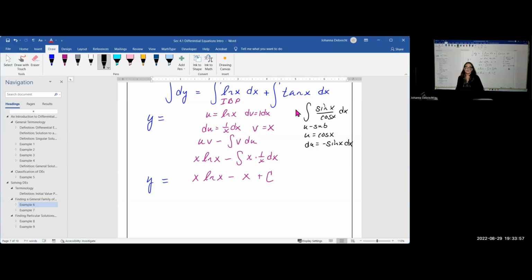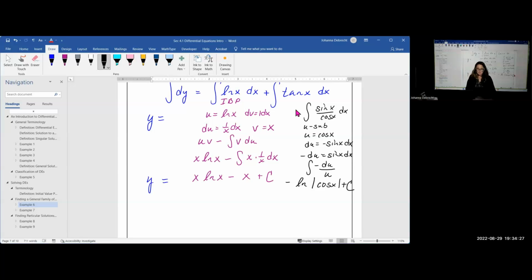And I have the sine of x dx, I just don't have the negative. So sine of x dx is negative du. So I can make the substitution. So I get negative du over u, which gives me, of course, minus the natural log of the absolute value of u, which is cosine of x, plus a constant, right?